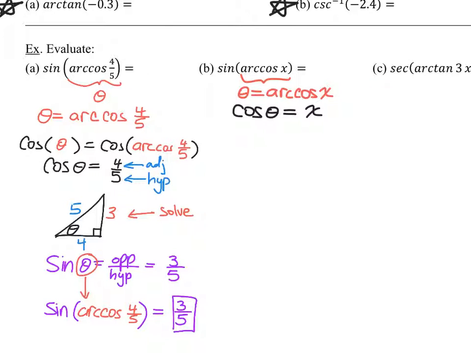But I would make the slight adjustment to that and say that x is really x over 1. Any number can be considered itself over 1. Like 5 is really 5 over 1.